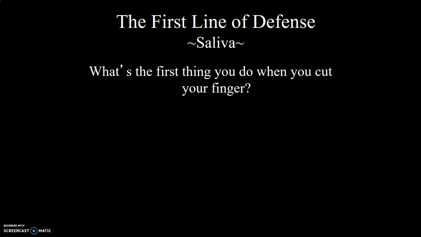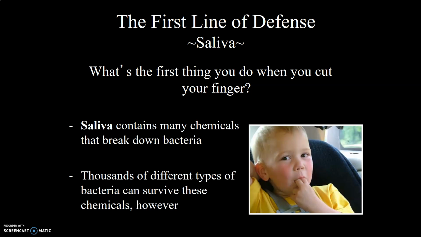And a quick question for you related to our first line of defense. What's the first thing we do when we cut our finger or prick our finger? If you imagined that you stuck your finger in your mouth, you'd probably be right. It's just a reactionary kind of movement that we have.